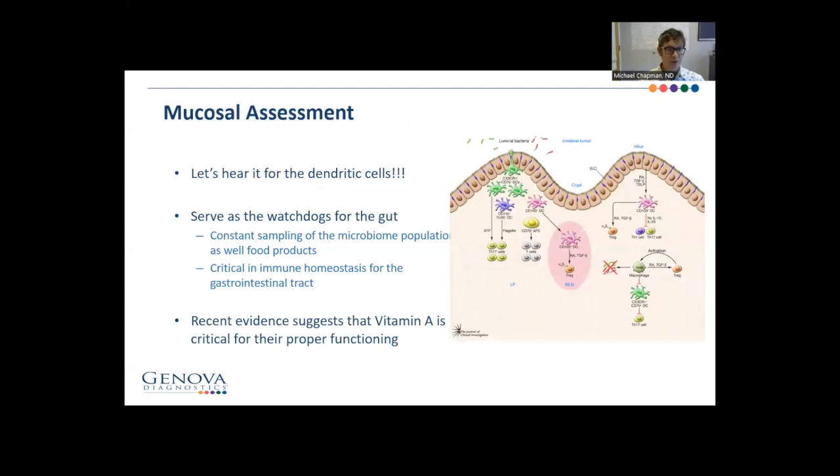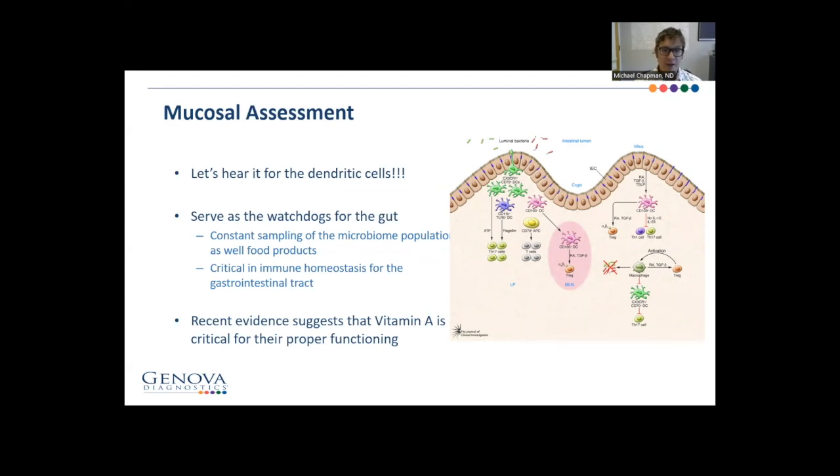And mucosal assessment is so crazy. You've got these little dendritic cells that are basically responsible for keeping an eye on everything that's passing through your GI tract. And they are just incredible. I love studying the dendritic cells. There's so much more to learn there. But they basically serve as the watchdogs.